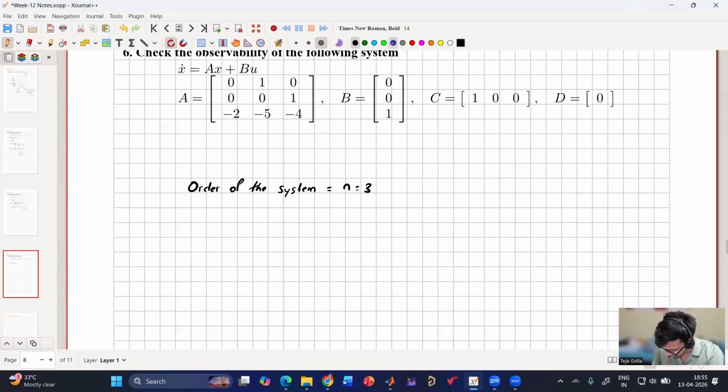So the observability matrix that we are supposed to calculate will be C, CA, CA square, up to n minus 1, which is 2. So we have to calculate C, CA as well as CA square.